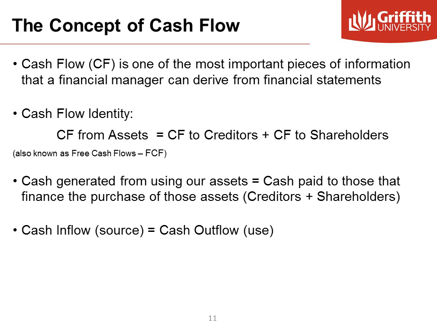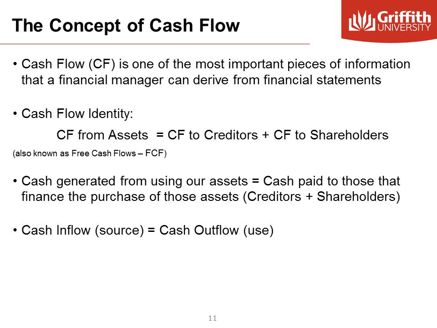You should think of cash flow of a business as money coming in and money going out. In the same way, we have the balance sheet identity saying that assets equal liabilities plus shareholder equity, so we have the cash flow identity which states cash flow from assets equals cash flow to creditors plus the cash flow to shareholders.